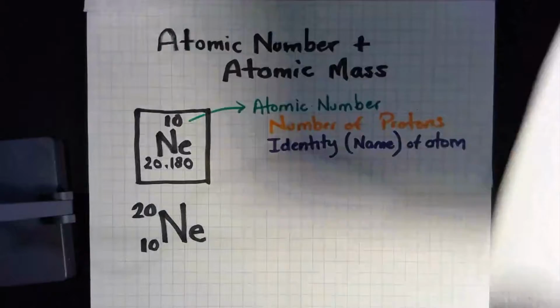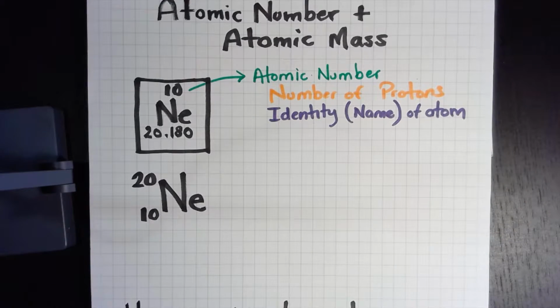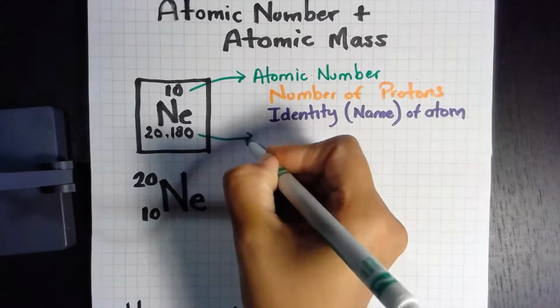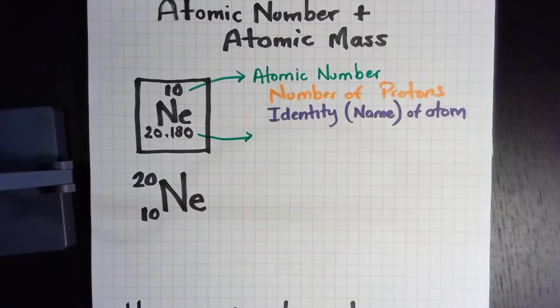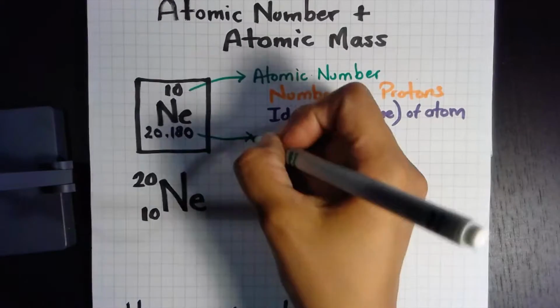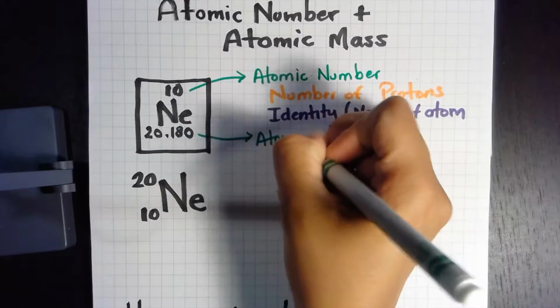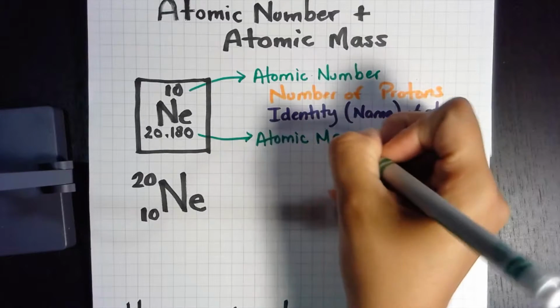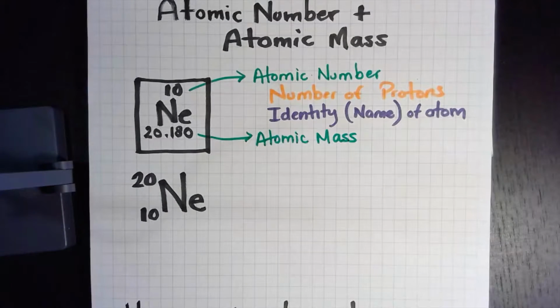Okay? Moving on. The number on the bottom of your symbol is called the atomic mass. And the atomic mass is the sum of the protons plus the neutrons.